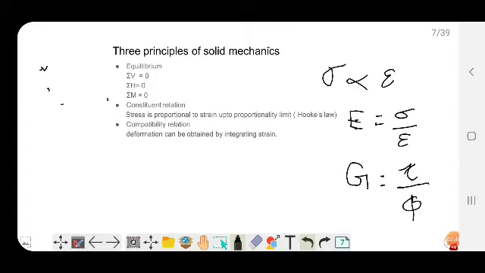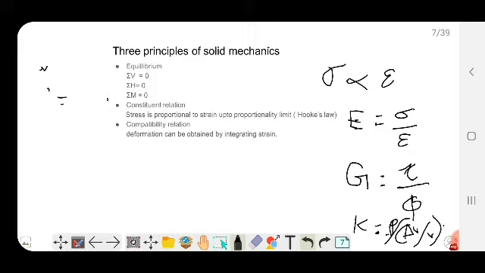There the constant of proportionality is given by bulk modulus K. So P is the pressure, and usually pressure causes compression, so the volume is decreasing, minus P by delta V by V. So these are the constants of proportionality.